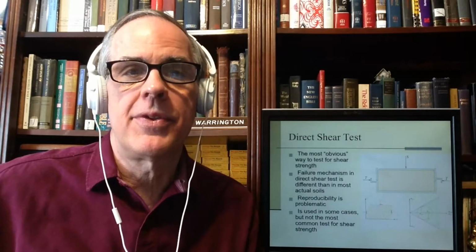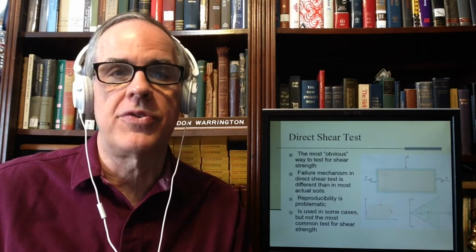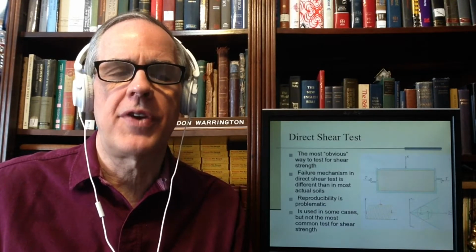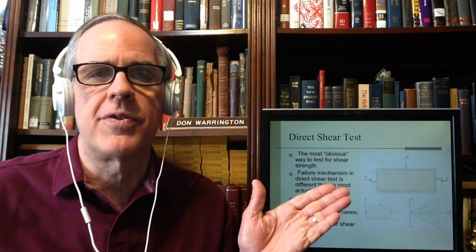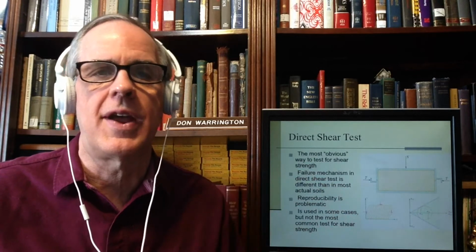The problem with it, there are certain situations where the direct shear test is what you need. It depends entirely on how soil fails. It assumes that this is the proper way for soils to fail in shear, but they don't normally do it that way.